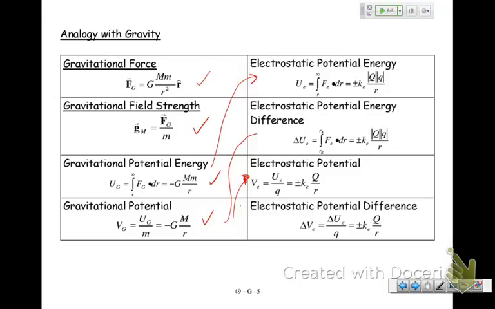And I decided here to talk about the difference between these two. And so we integrate this between 2 points, and we'll go through that. Okay. So there's 6 things in the end we're going to talk about. Force, field, potential energy, potential energy difference, potential difference.